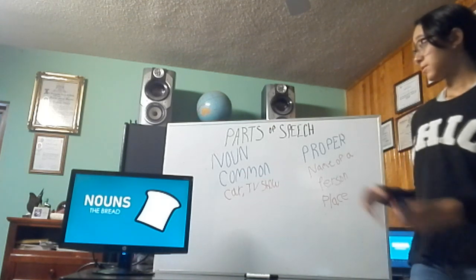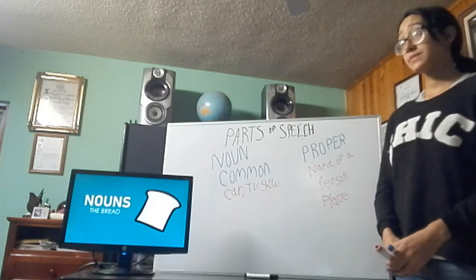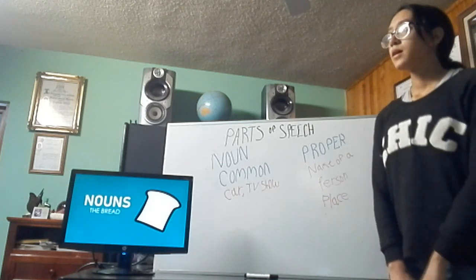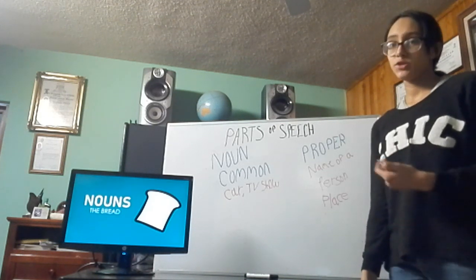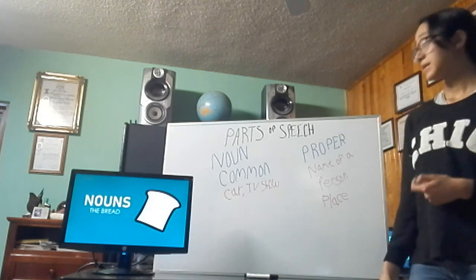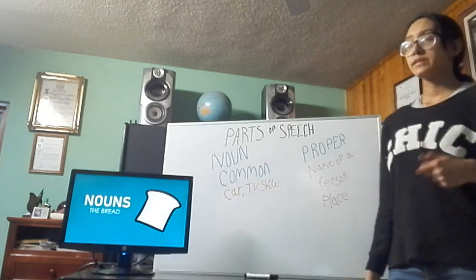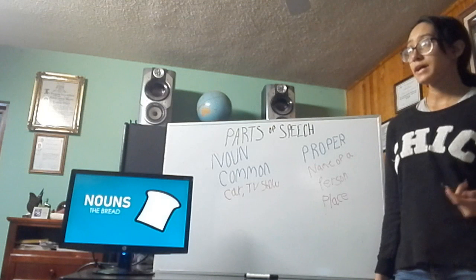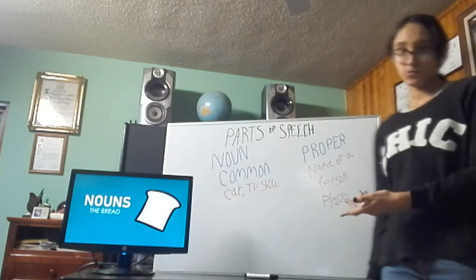For example, to show the difference between common and proper nouns, let's do a sentence. You could say, oh, I like this new TV show. That would be using the common noun of a TV show, since you're not specifying which one you like. But you could say, oh, I like Game of Thrones.